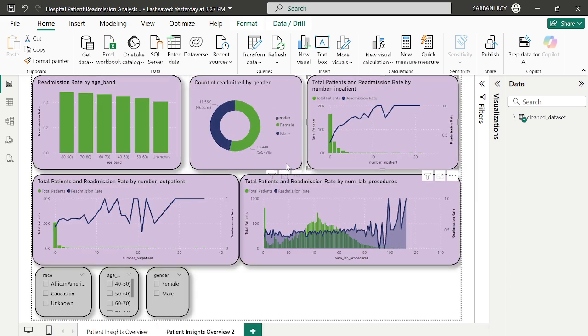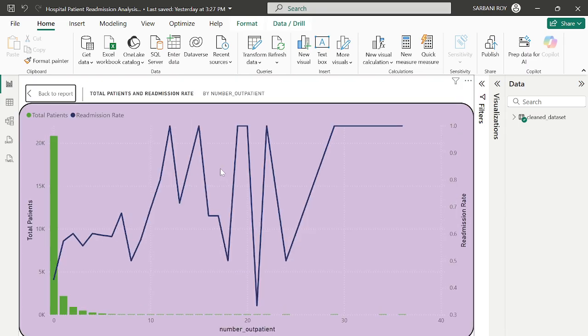Now coming to the next graph, this chart explores how the number of outpatient visits influences readmission. The total number of patients is in green bars, as you can see here, and the readmission rate is in the blue line.